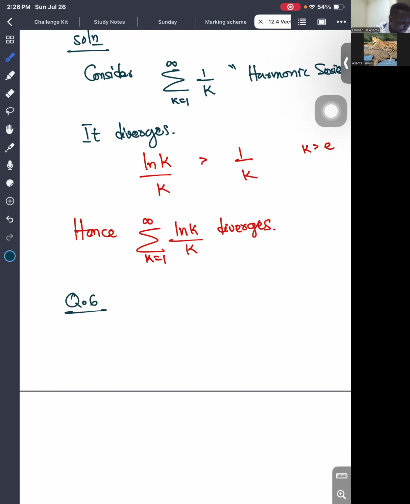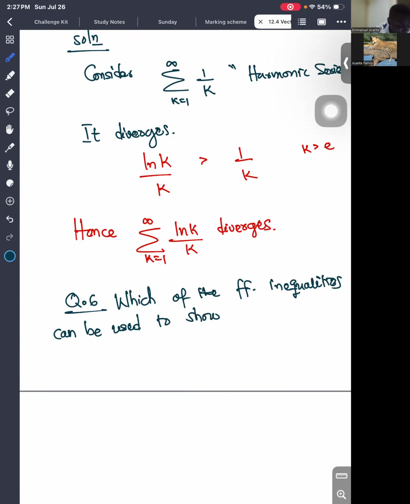It says, which of the following inequalities can be used to show that the sum from 1 to infinity of n over n squared plus 1 diverges.